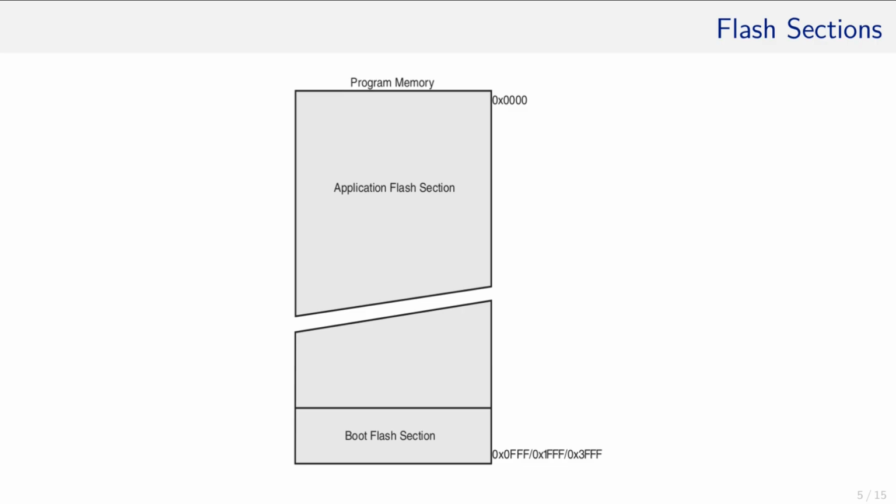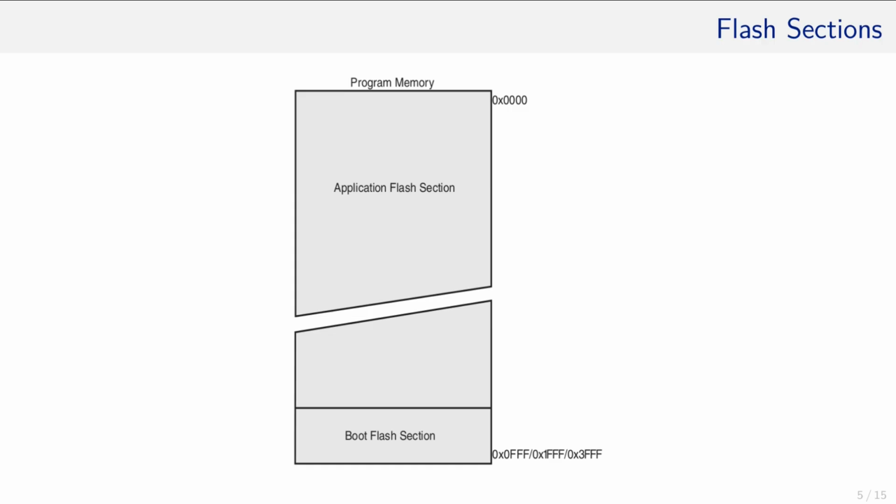And before diving into the lock bits, we have to remember that the flash is divided into two sections: the application section and the bootloader or boot flash section. While the size of the bootloader can be configured via the BOOTSZ fuses, and hence the space this bootloader occupies in the bootloader section is configurable, the section size itself remains constant.